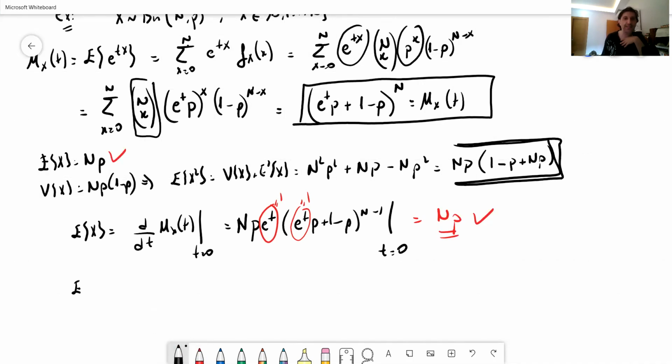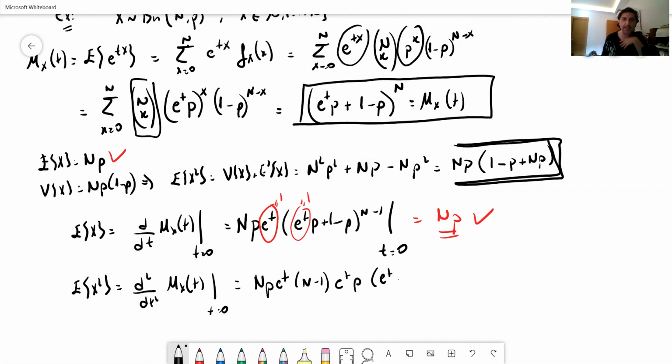And for the expected value of x squared, we are going to take the second derivative at t equal to 0. So we can use this one and take another derivative. If we take this as the constant term first and take the derivative of this once more, it's going to be n minus 1 times (p e to the t plus 1 minus p) to the power n minus 2, times p e to the t.